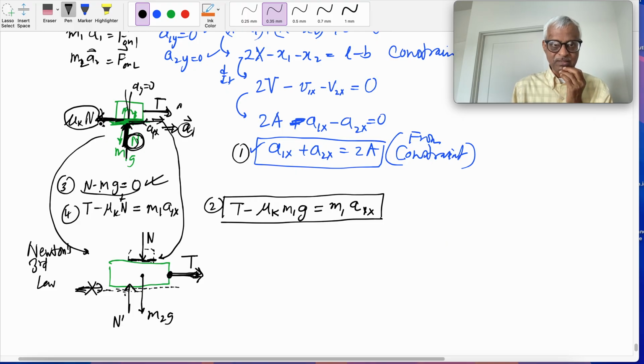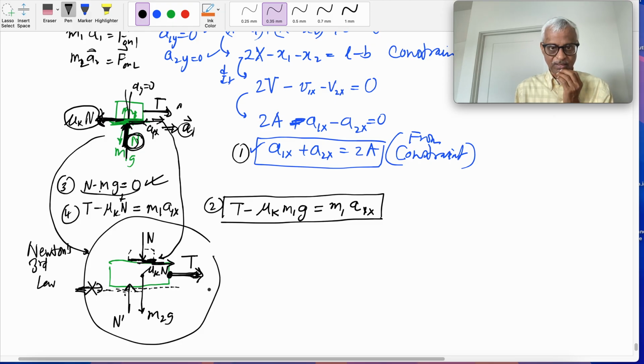You didn't think of that, right? But there's a force like that. And this kinetic friction is not only applying on that guy, but also applying on this guy, mu k N. So these are the forces on this guy, and as a result, it accelerates a2x, and a2y is 0. Y is that way, X is that way.